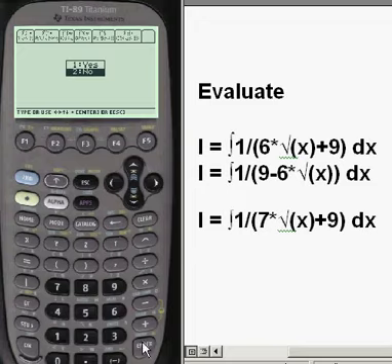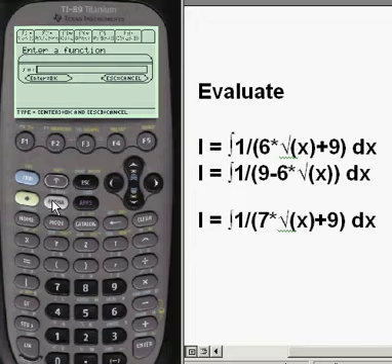No, there's no secant in there. Alpha 1 divided by left parentheses 9 minus 6 times the square root of x, right parentheses, and right parentheses.